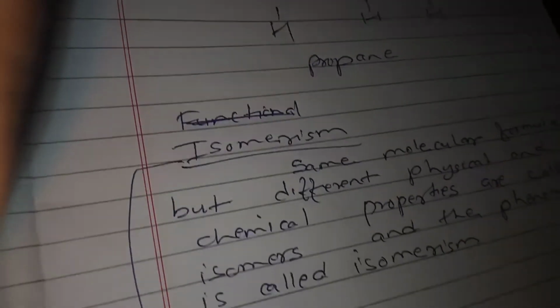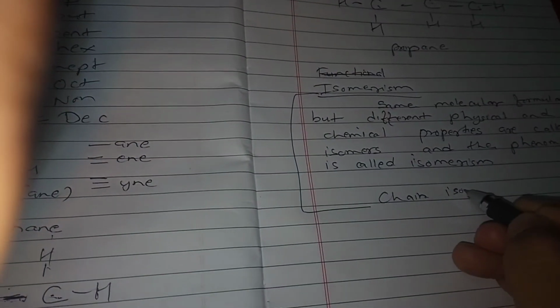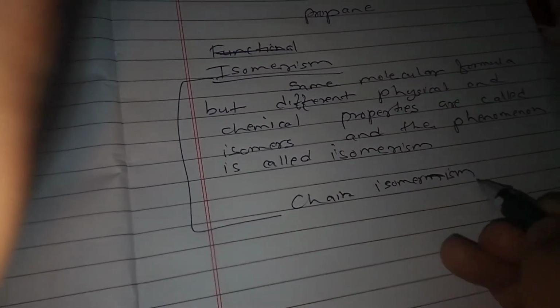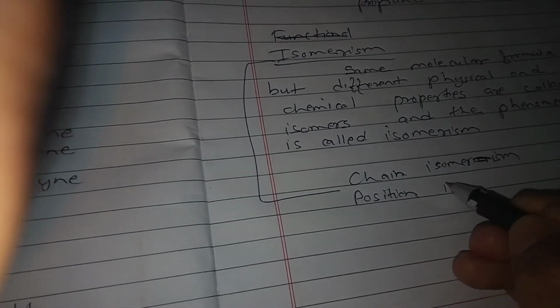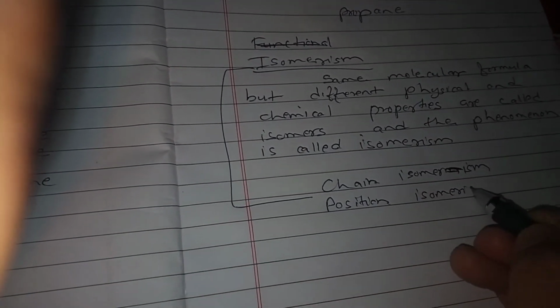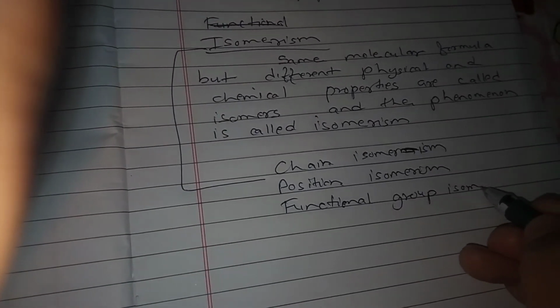Okay, there are 4 types of isomerism. One is chain isomerism, next one is position isomerism, number 3 functional group isomerism, and number 4 metamerism.